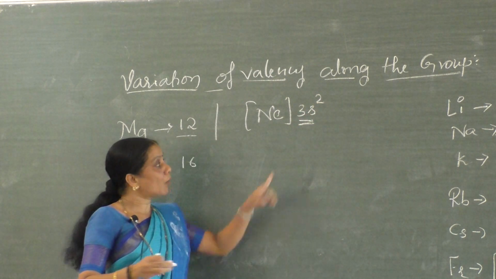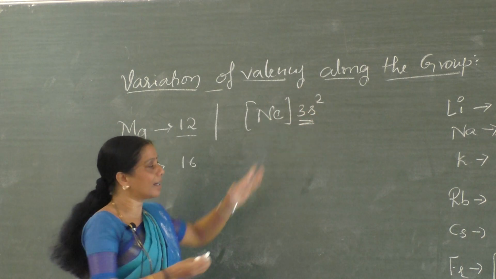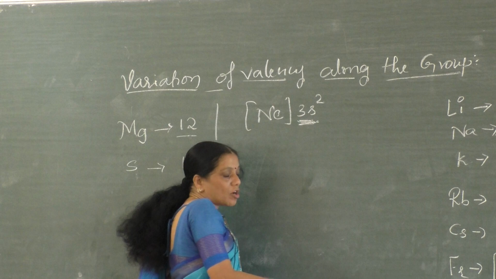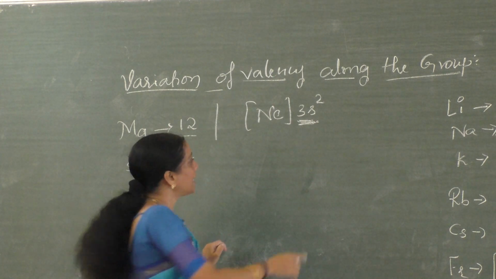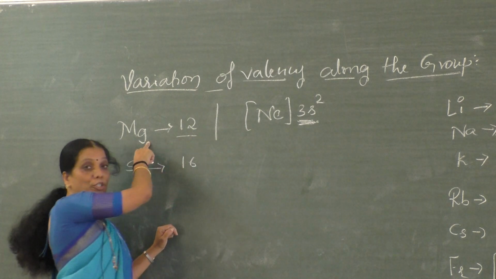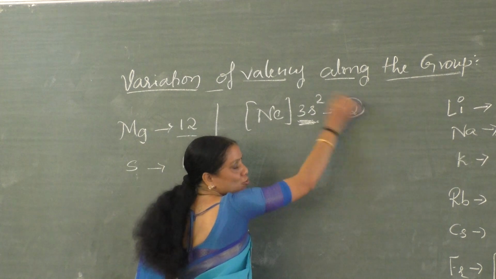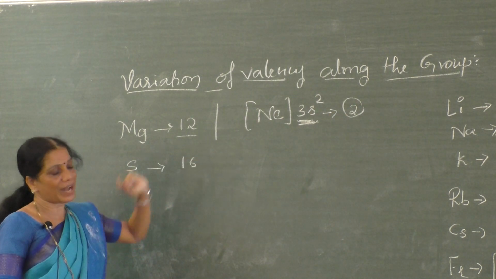Outermost main energy level contains how many electrons? 2 electrons. It has a tendency to donate those 2 electrons. All the elements of the second group have the same valency. Valency is always 2, because it can donate those 2 electrons.